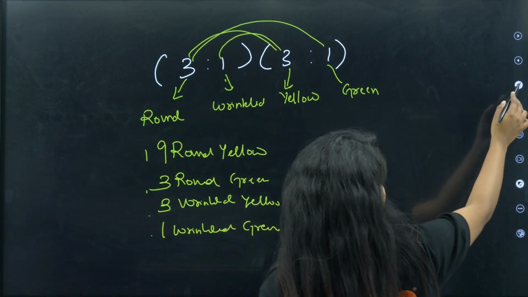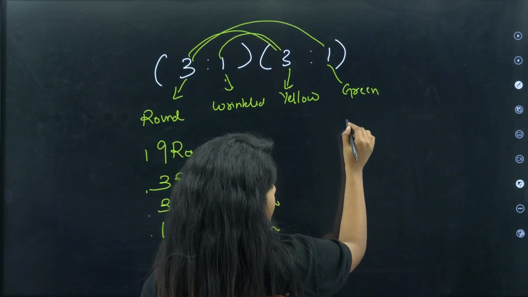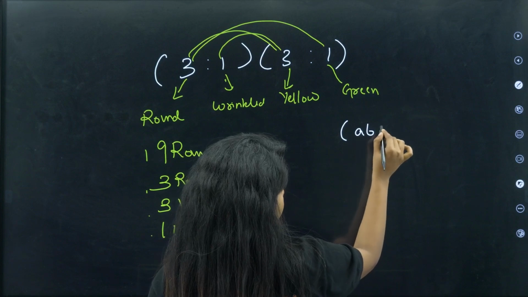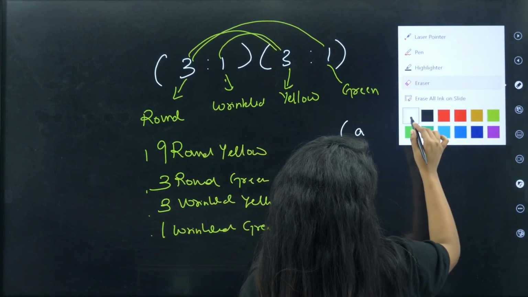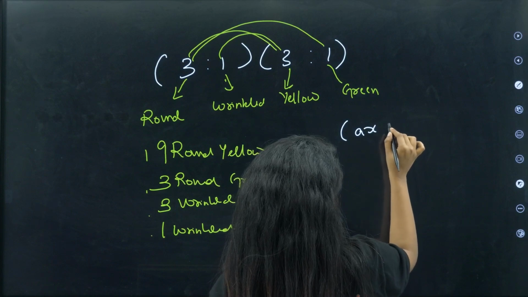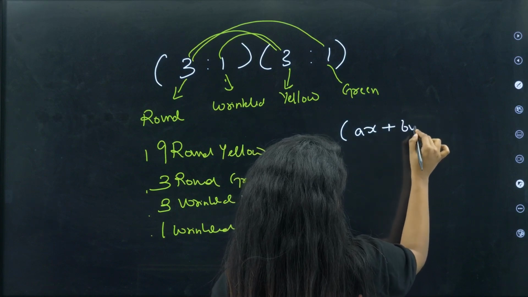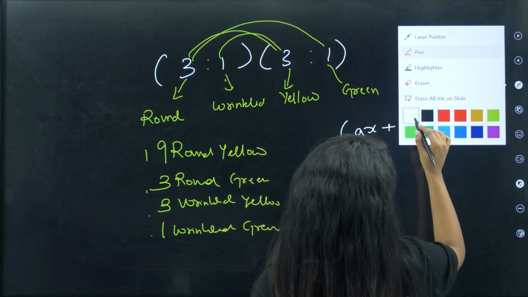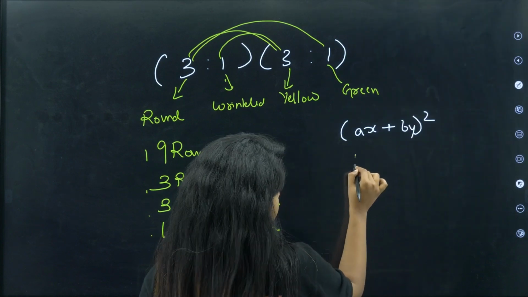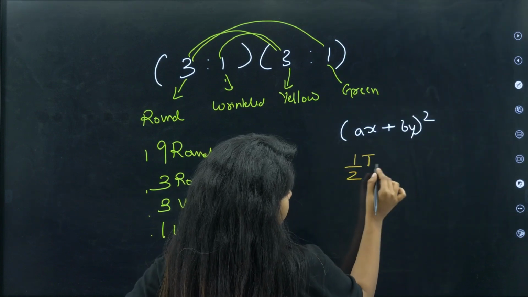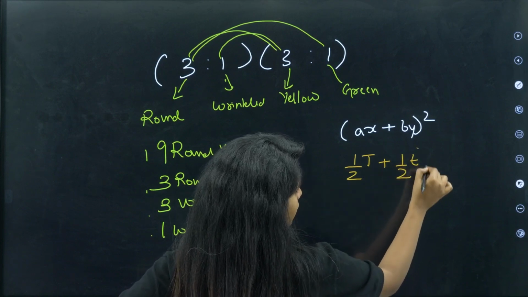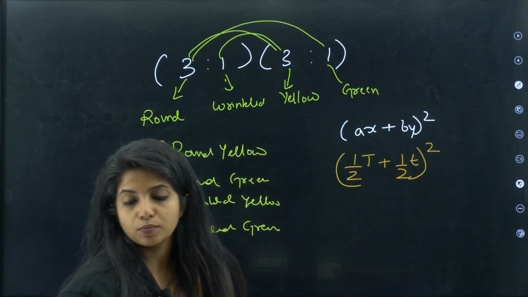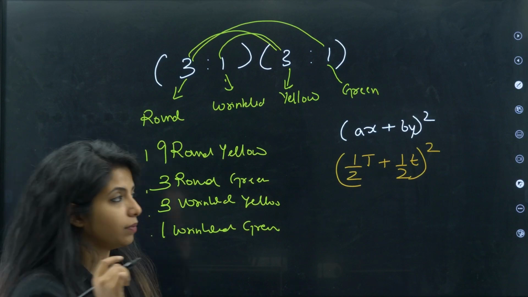Now when we were talking about monohybrid cross, I said that day, but it was not that clear. So it was shown like this: (AX and BY) whole square. Over here I am saying A is half capital T, B is half again, but it is small t, and this whole equation is a square plus b square plus 2ab, right?